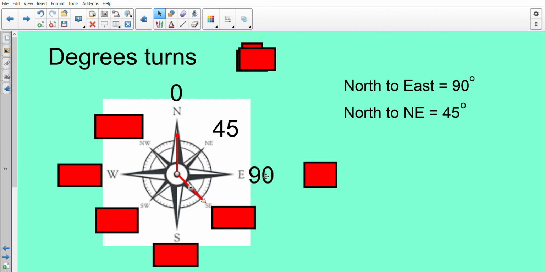From north, if you turn from north to southeast, how many degrees turn would that be? Well, it's going to be 90, add 45, isn't it? So have a think about that now. And the answer is 135 degrees. Okay, right, what if you went from north to south?